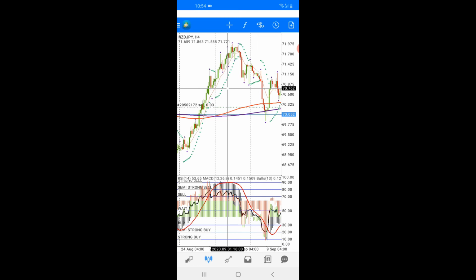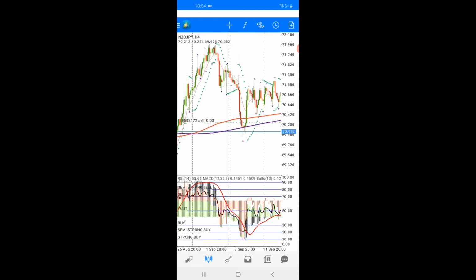So now, I don't used to trade retracement.